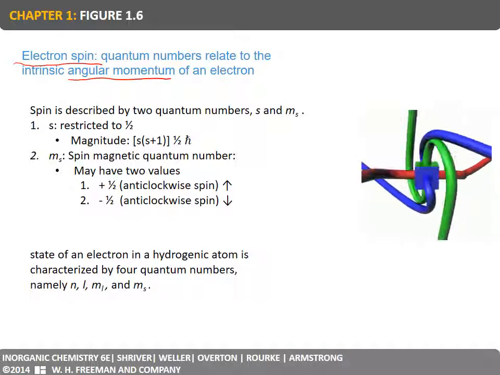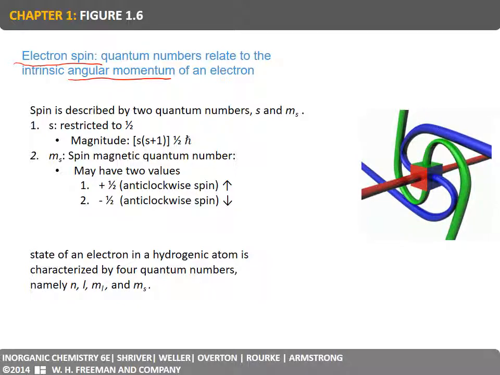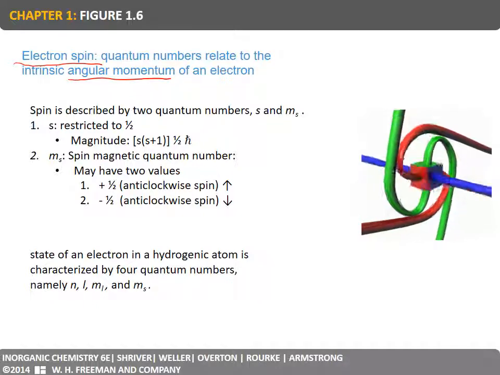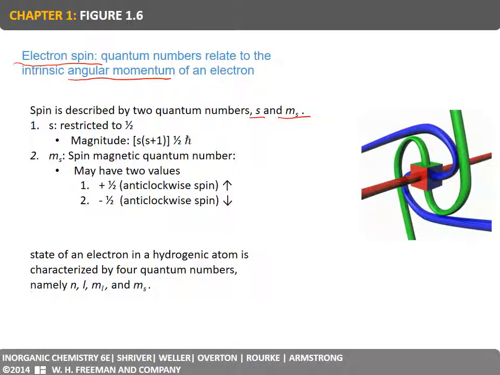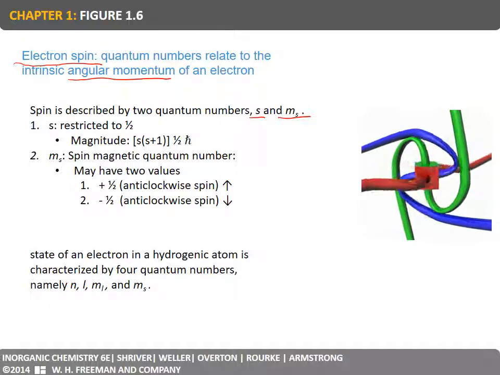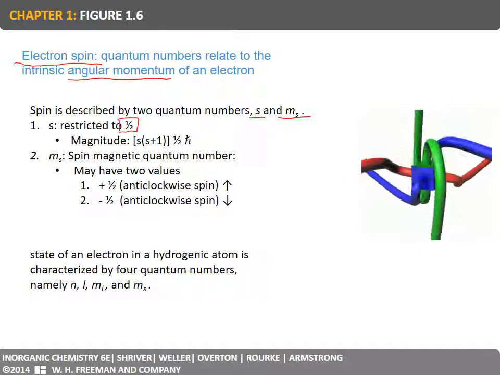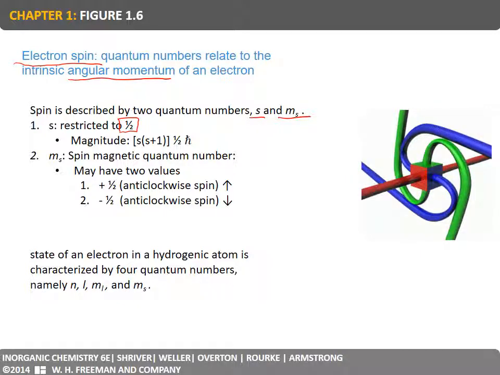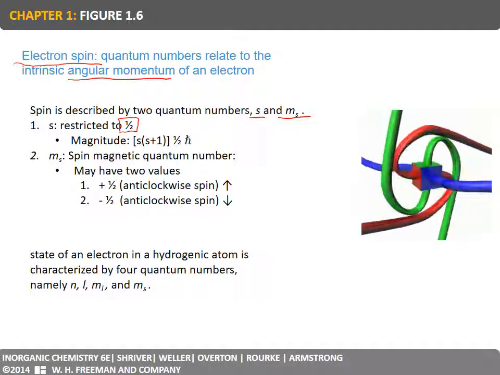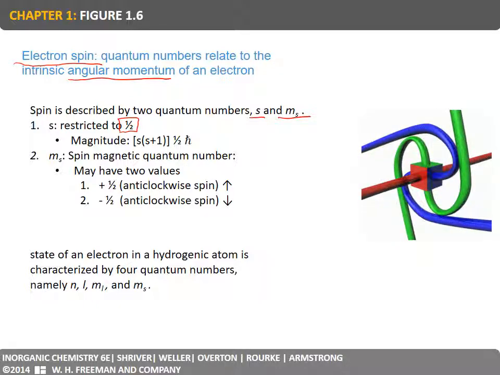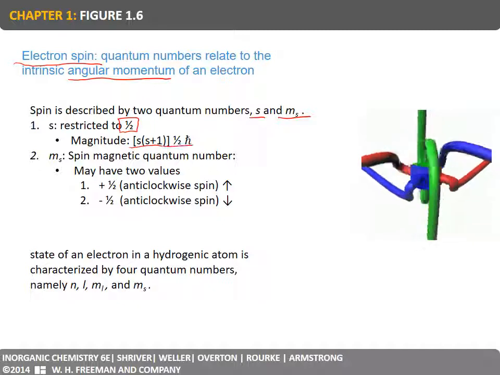So, the spin is described with two quantum numbers, S and ms. S in this case is restricted to 1/2 for an electron. The magnitude of S is basically this term right here.